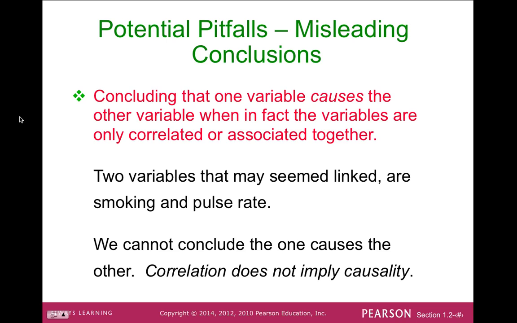This is kind of a tough concept, and people may have seen it in other courses, but again, file this little piece of information away for yourself. Correlation does not imply causality. We will revisit this when we get into probability in Chapter 4.